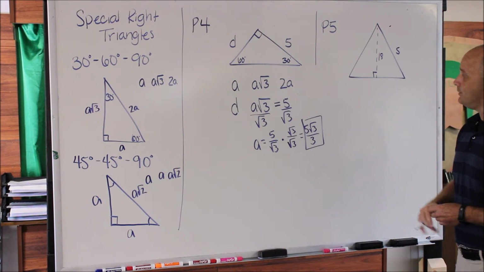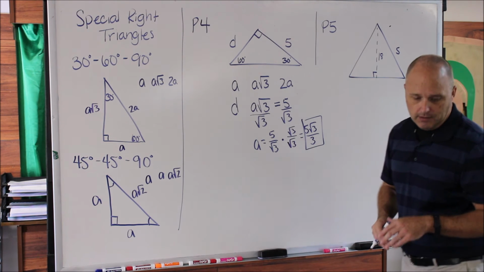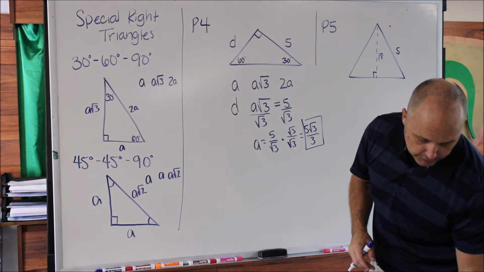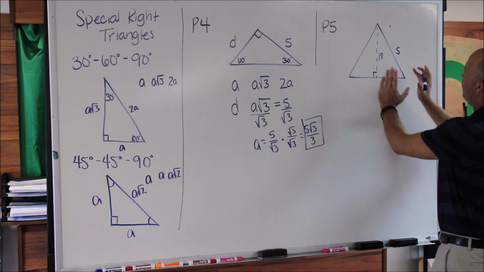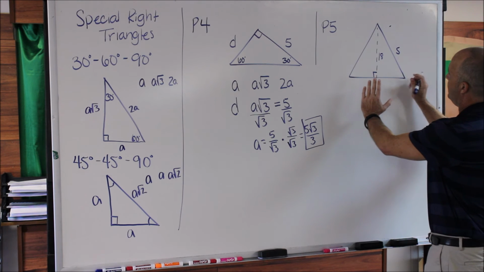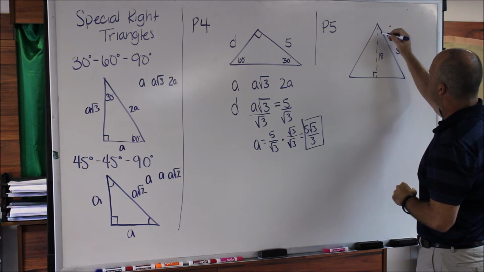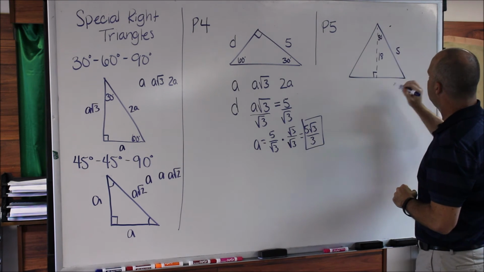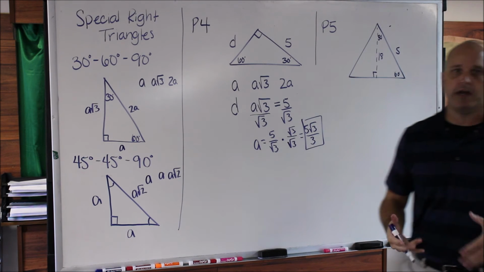So what we're going to do is, again, just follow the rules that we've already got. We're given that we have a 30, 60, 90 triangle. If this is the 90, then this is going to be our 30 here, and this is going to be our 60 here, because this was an equilateral triangle.